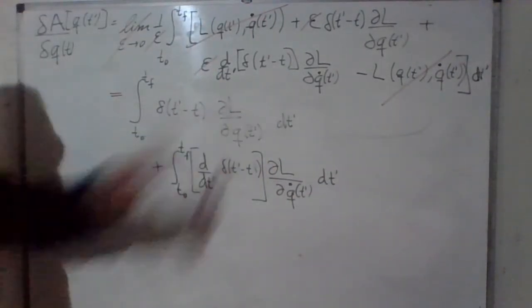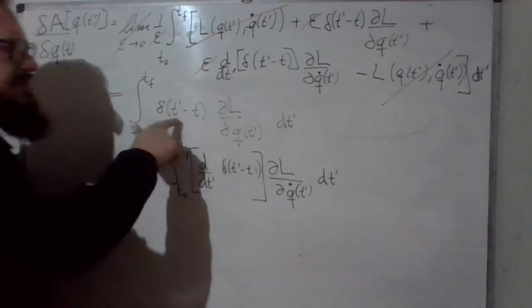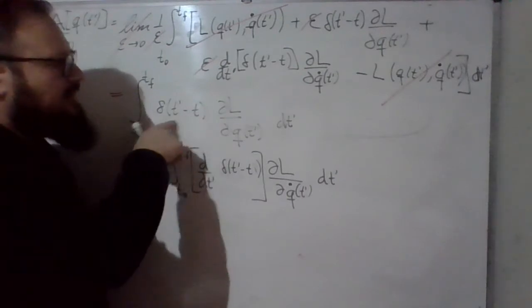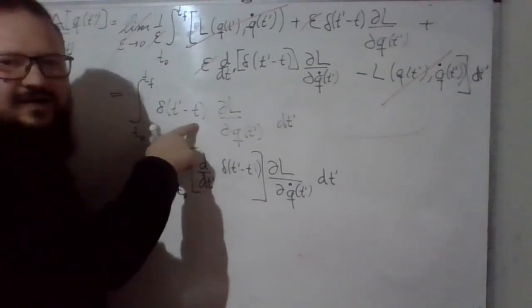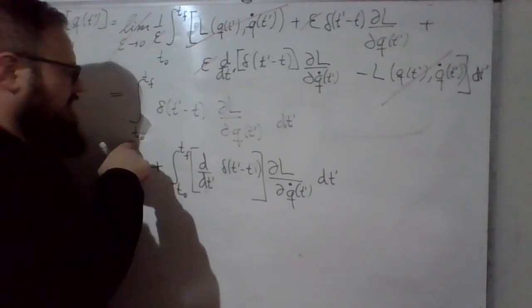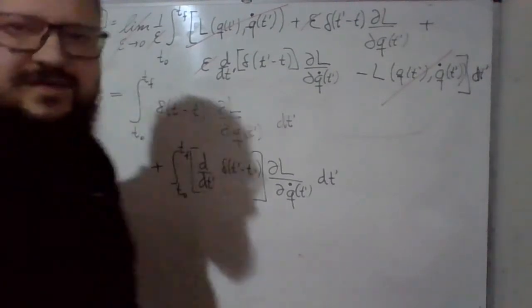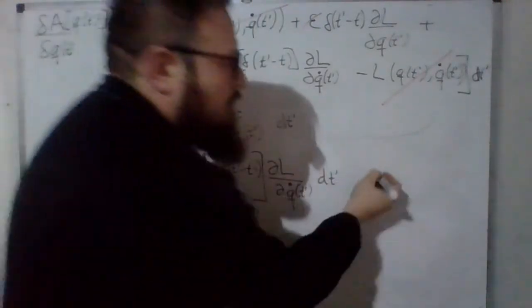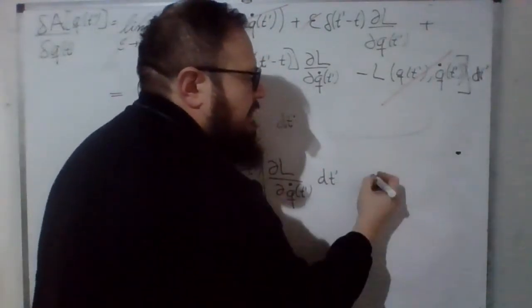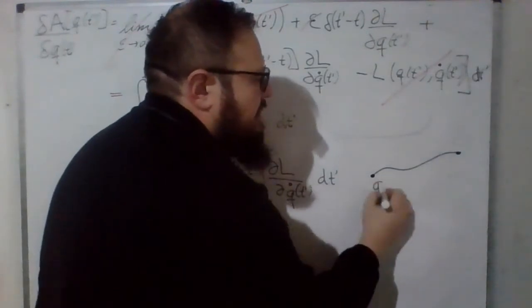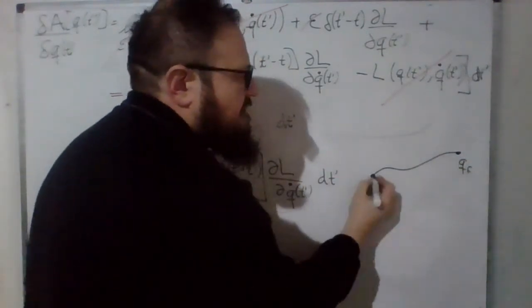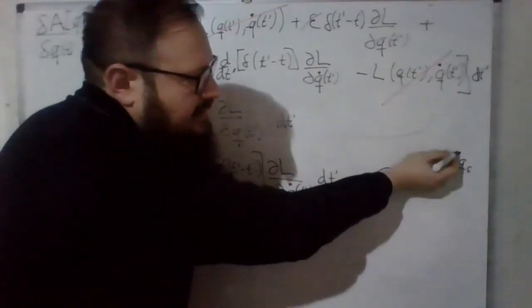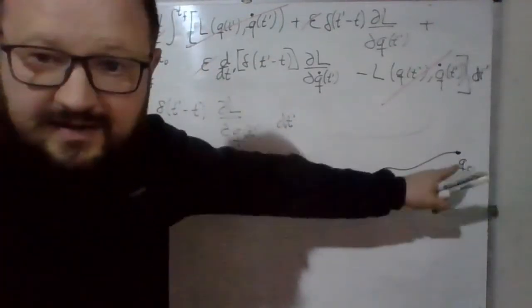First term is easy to solve because the variation must be introduced at some point at any value of t which cannot be t0 or t final. The variation of the field only can be made in between these 2 points, the endpoints, because they are fixed, they are constraints. I cannot variate the endpoints.